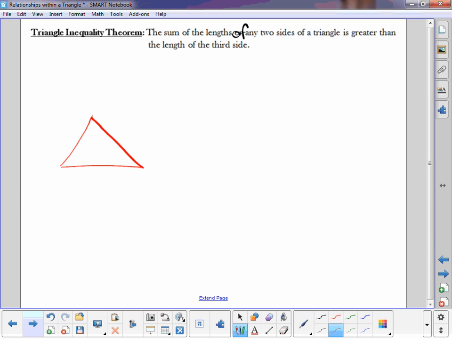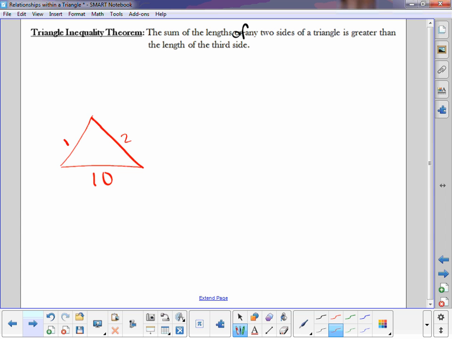If I have a triangle, let's say side 10, and let's go with 1 and 2. Can that be a triangle? I want you to try and talk with your counterpart.